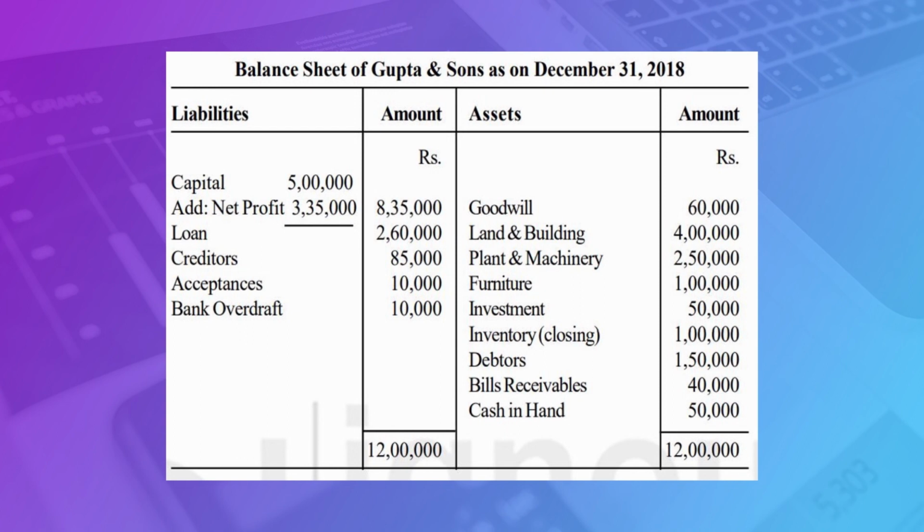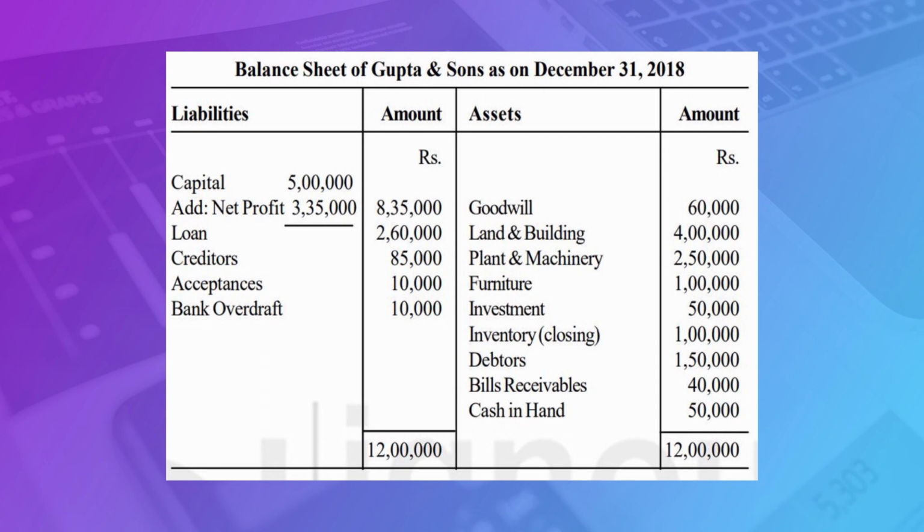Then debtors are provided with rupees 1,50,000 in the trial balance. Then bills receivable have been provided with 40,000 in the trial balance. Then the cash in hand, 50,000, is also provided in the trial balance.